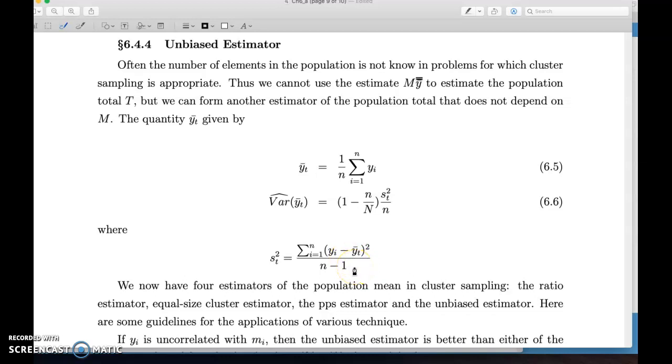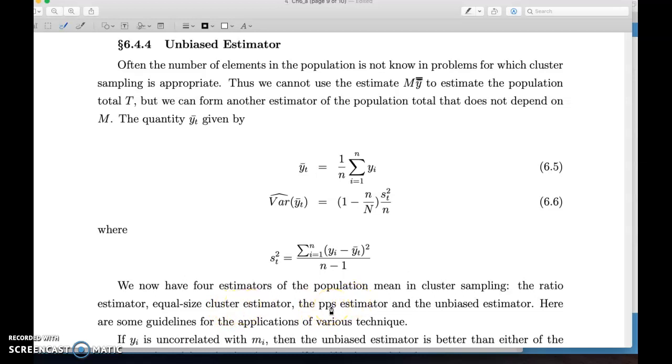Okay, so up to this point we have talked about four estimators under cluster sampling. First is the ratio estimator, which is the per capita average, very much like the mean of means, and the ratio estimator is sometimes biased. Then, if the cluster sizes are all equal, we could have an equal size cluster estimator.